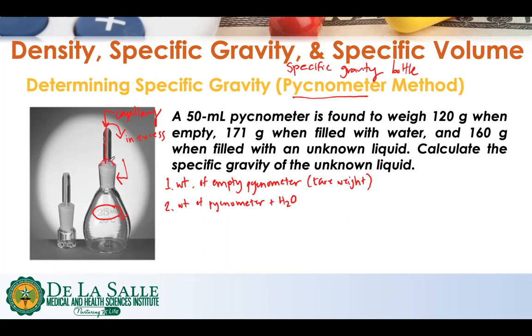You put a sufficient amount of the substance until you form a concavity in the mouth of the picnometer. That is important to make sure that there will be no bubbles inside the picnometer.